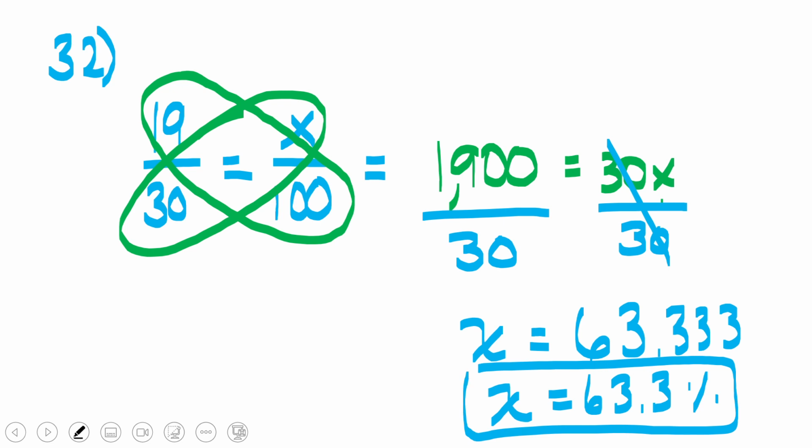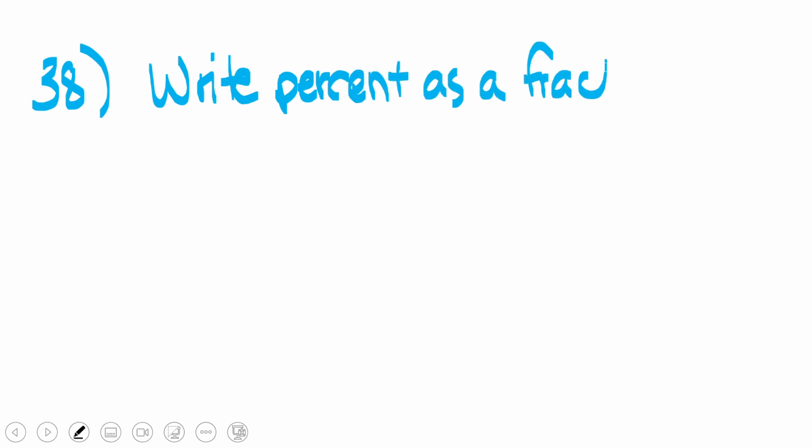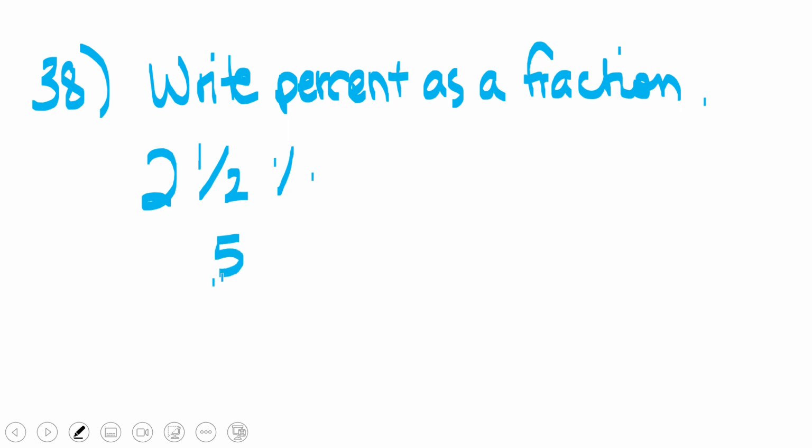All right, one more, number 38. You are asked to write the percent as a fraction. You're given 2.5%. Okay, then take this to improper fraction form. 5/2, multiply that by 1/100. Look what you're doing here.